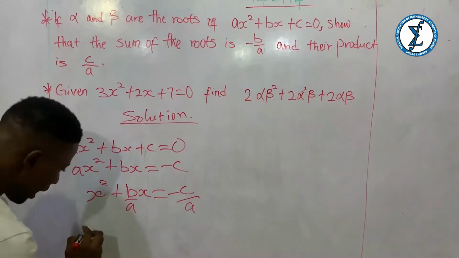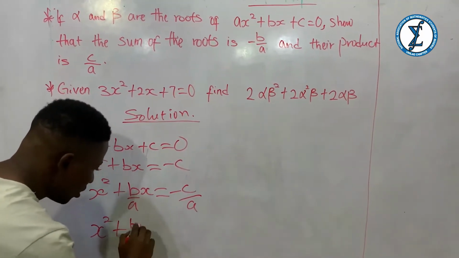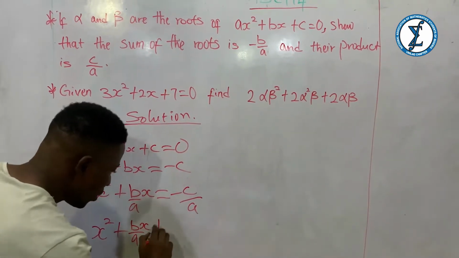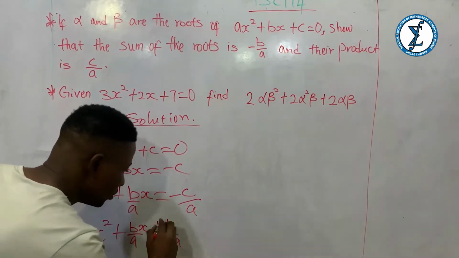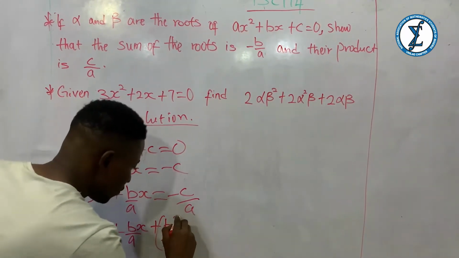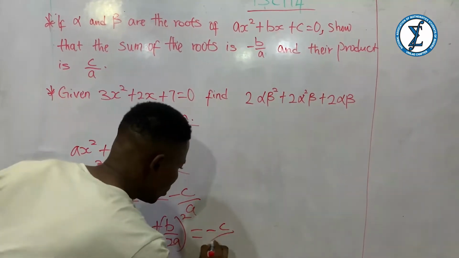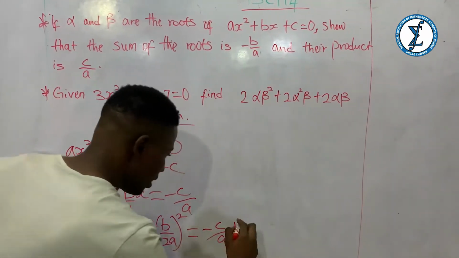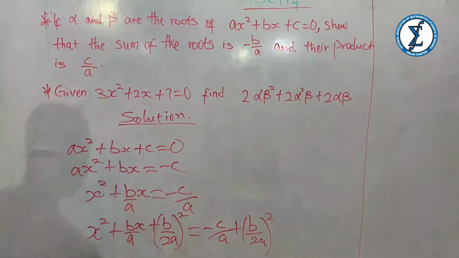Okay? So I'll have x squared plus b over a x plus half of b over a, which is b over 2a, squared, equal to, whatever I do to this side, I must do to the other side, so plus this same thing here, b over 2a all squared.